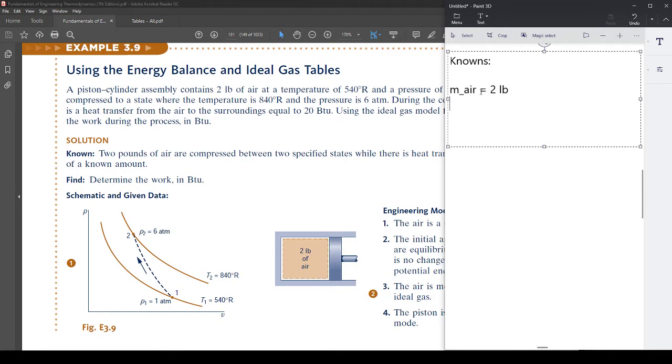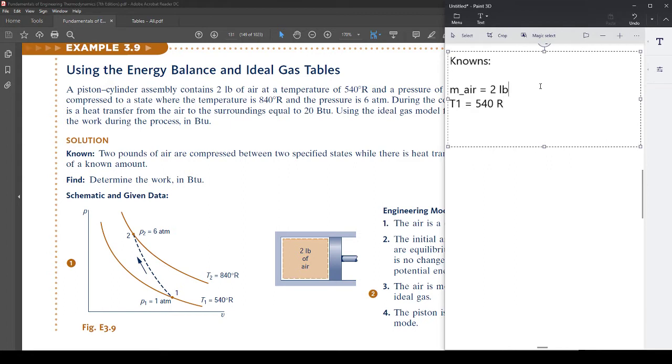The next one, we were given the first temperature. It says 2 pounds of air at a temperature of 540, and this was before compression. So you should write T1 is equal to 540 Rankine. Really quickly, if this was given in Fahrenheit, you'd have to change it to Rankine because air works in absolute temperature.